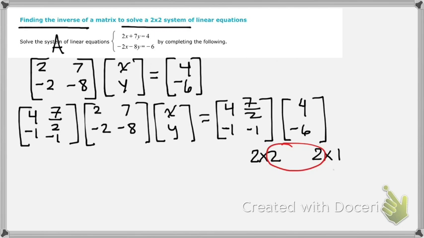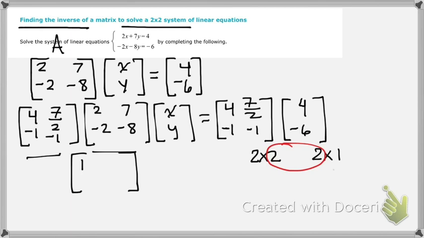Okay, so first things first here, on the left, this matrix times this matrix, you could know from a previous video that a matrix times its inverse is equivalent to what is called the identity matrix. And we could work that out, and I could say I've got 8 plus 7/2 times -1, so that's going to be 8 minus 7 is 1.